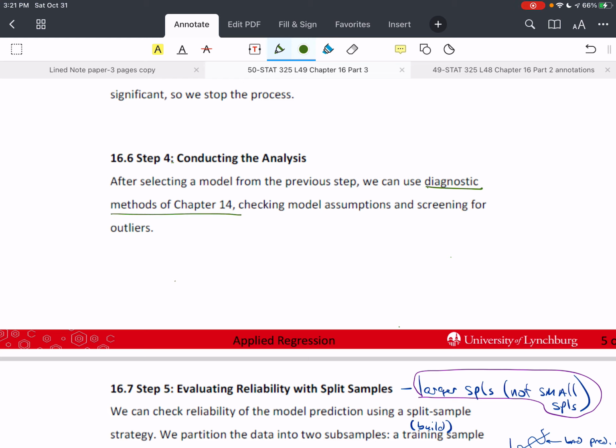If you remember when I first went over the introduction to this chapter, I said, oh, it looks like they forgot chapter 14, the diagnostics, but they actually meant that by conducting the analysis they would include the diagnostics, because really you've already done the analysis when you do the forward and or backwards or stepwise selection. It gives you all of the coefficients and significance and all that. So really the only thing left to do for that part is analyzing the diagnostics.